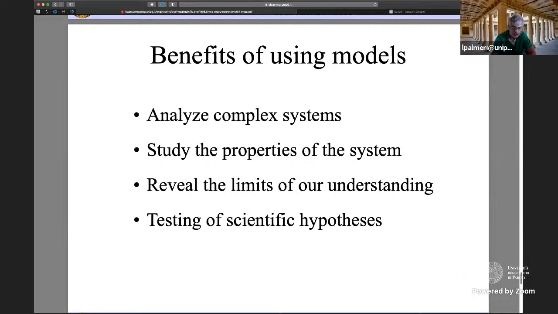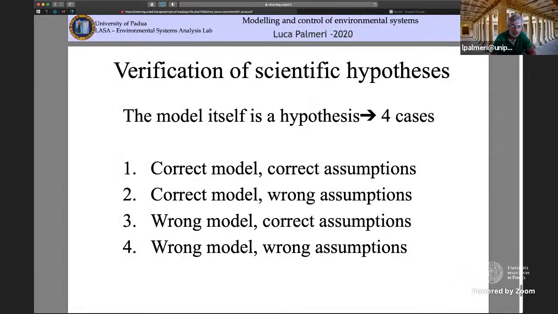They may be used for testing of scientific hypotheses. For the verification of a scientific hypothesis by the use of models, we have four general cases. The model itself is a hypothesis, of course.